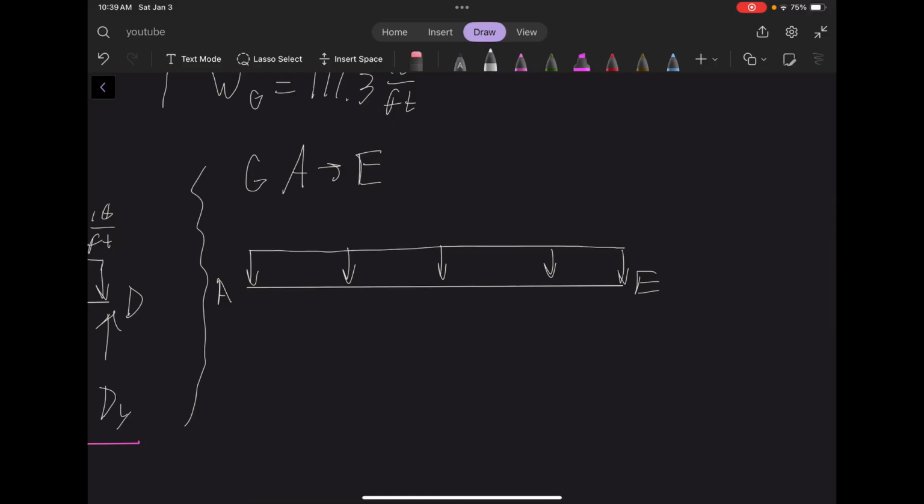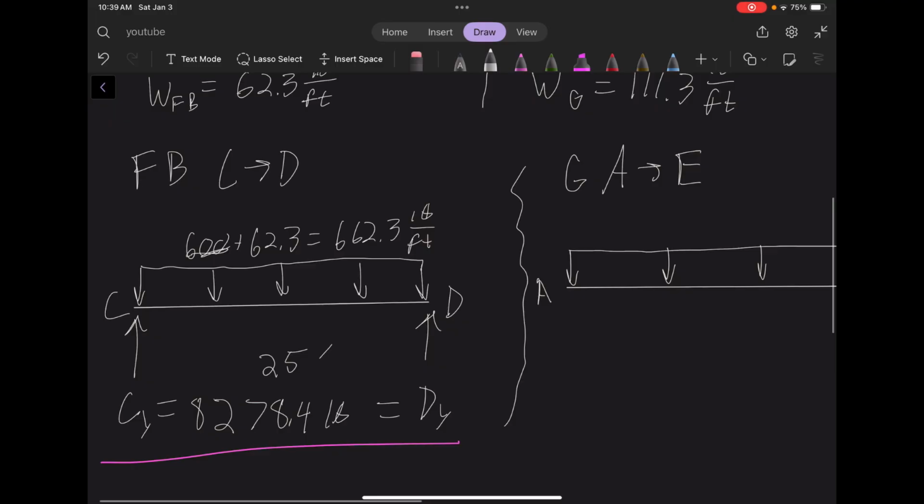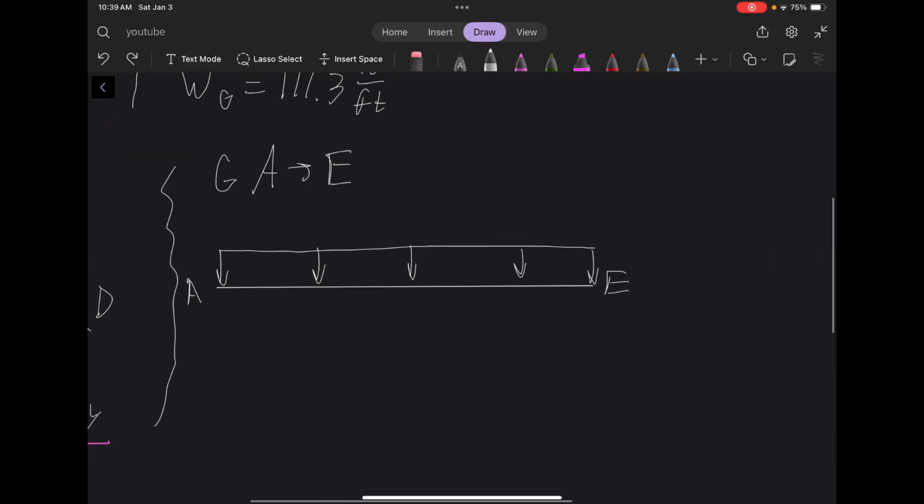So we have the distributed load, which again, as I said before, is not the same as the concrete. It is now the self-weight. So this self-weight, I'm going to write this down here because I know what it's going to look like, is going to be 111.3 pounds per foot.